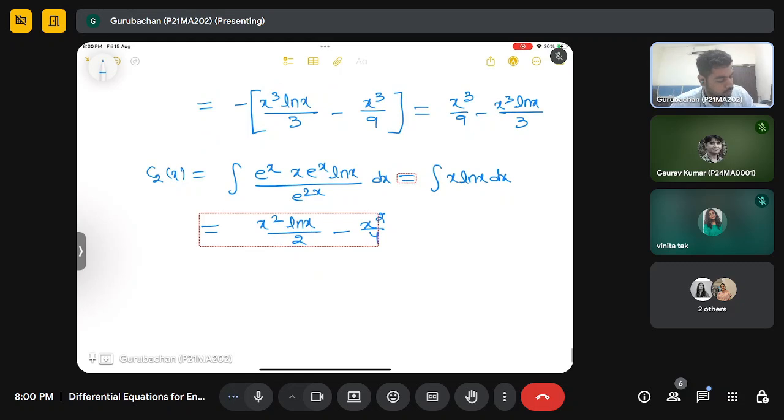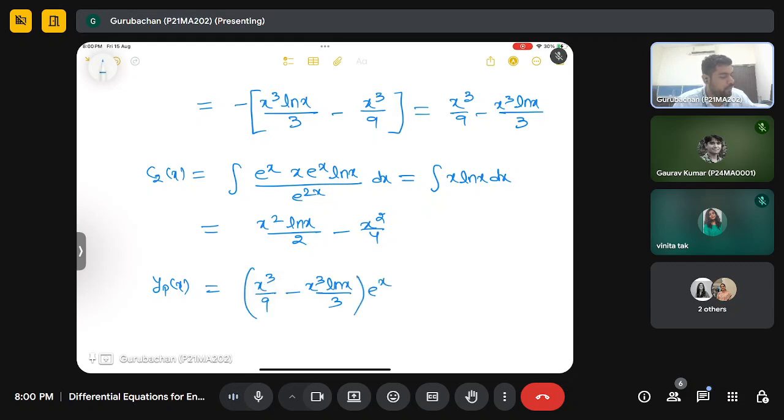What is a particular solution then? C1 of x will be multiplied by our first solution e to the power x. So x cube by 3 minus x cube ln x divided by, here it will be 9, into e to the power x plus. The next solution is x e to the power x, y2 of x.